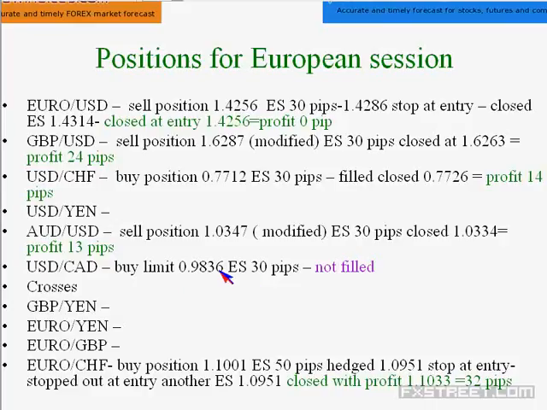And Canadian dollar near the low, I kept a buy order that was not filled, and they have just taken it up. Then in the case of Euro CHF, it's a very interesting aspect of how hedging can be used effectively.